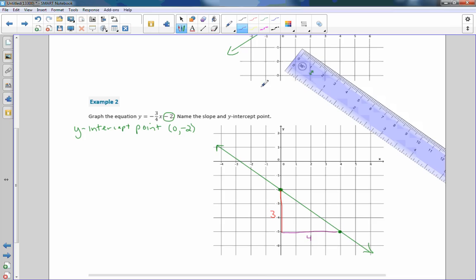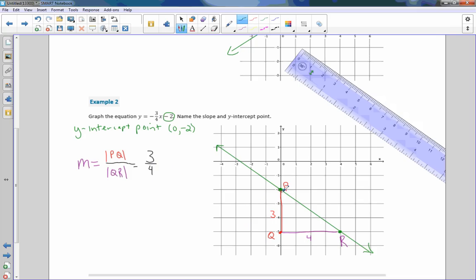So if I named this point P, and this point here Q, and this point here R, then my slope equals the length of PQ divided by the length of QR. And PQ is 3, and QR is 4.